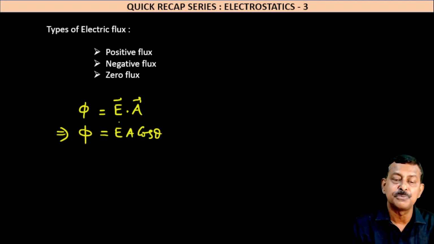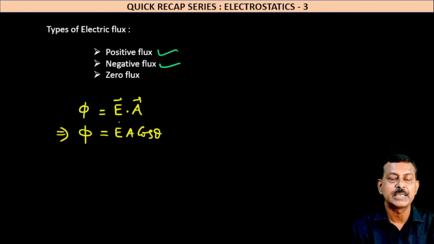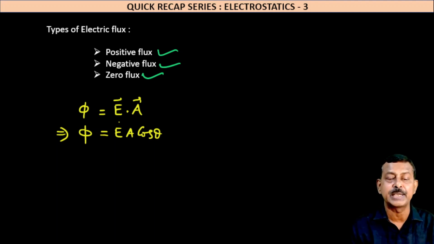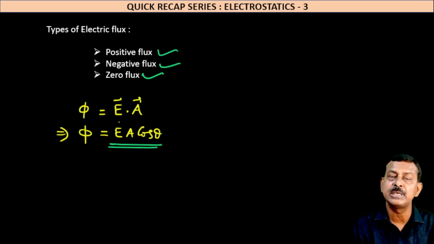Now the types of electric flux. First one is the positive flux. Second, we take the negative flux, and third, zero flux. How are we getting these different types of flux? Because the electric flux we have taken as E dot A. If it is E dot A, then it is written as EA cos theta.